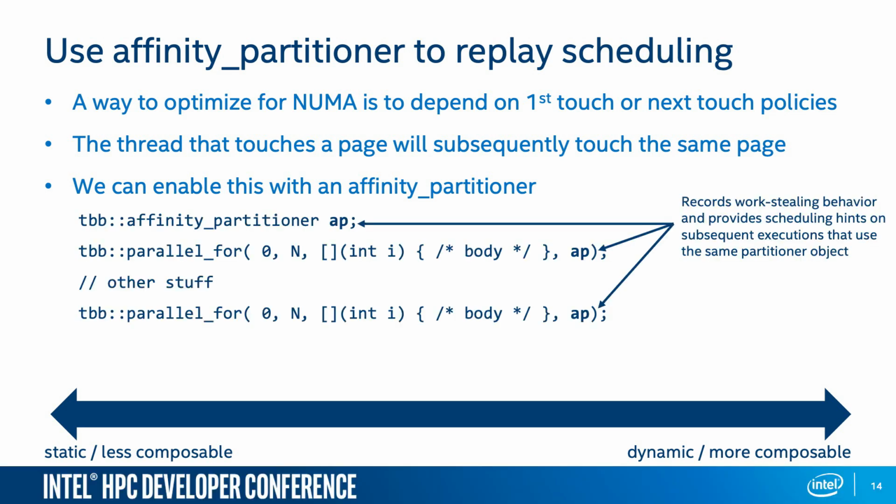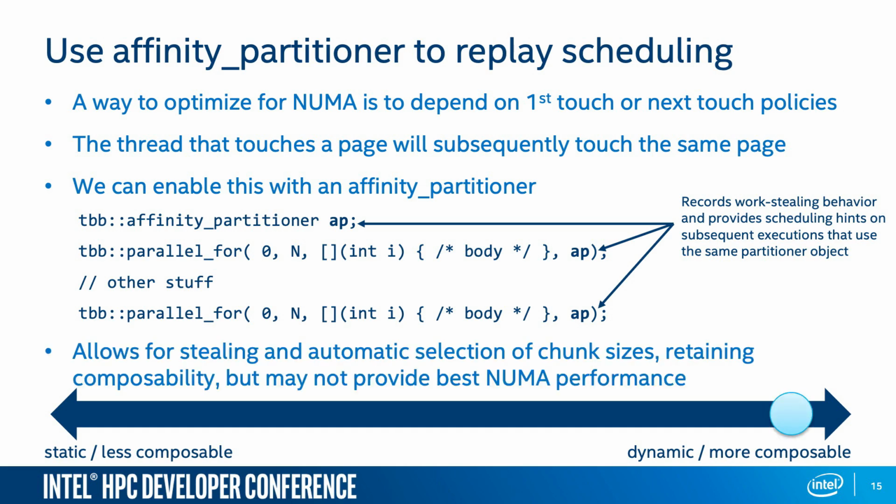So you can create an affinity partitioner object, AP here. Then if you have 2 consecutive loops that you want the same stealing behavior to happen in, you just pass in this object. TBB is still allowed to do the stealing, but it's given hints that push tasks to certain threads. So before they steal, they'll say, oh, maybe I'll do this one instead of randomly stealing. So you can recreate a pattern of execution.